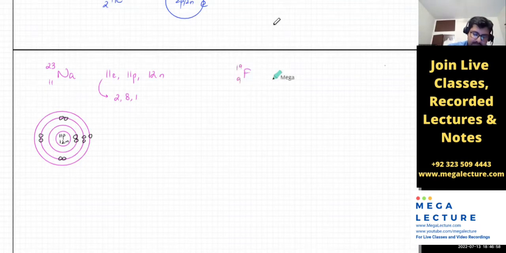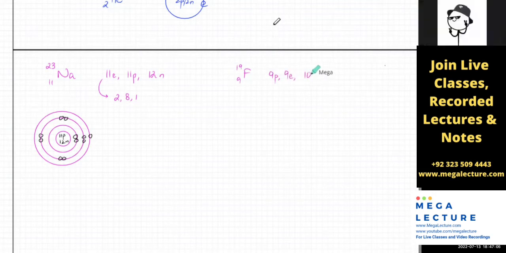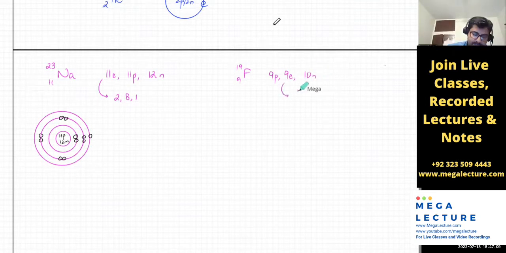The smaller number is the number of protons and also the number of electrons, and the difference is the number of neutrons. So 9 electrons would be 2 and 7. If I draw fluorine, it's going to have 9 protons and 10 neutrons in the nucleus.